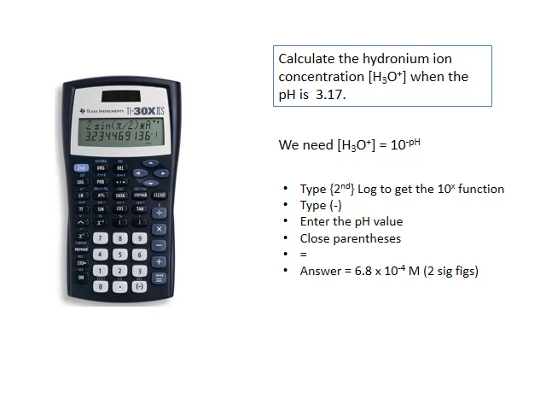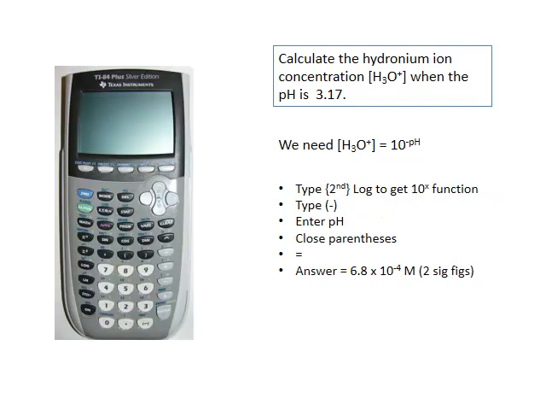So first type in the 10 to the x function, which you get to by going second, and then 10 to the x is above the log key. Type in negative to make it a negative pH. Type in whatever the pH value is, close your parentheses if there are any, and then hit equals. And what I got out of this was 6.8 times 10 to the -4 moles per liter.